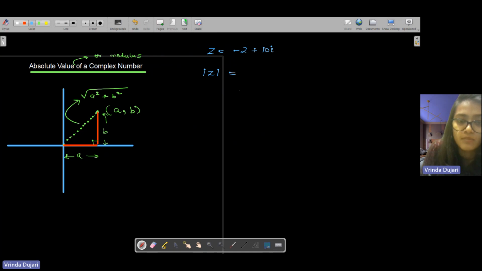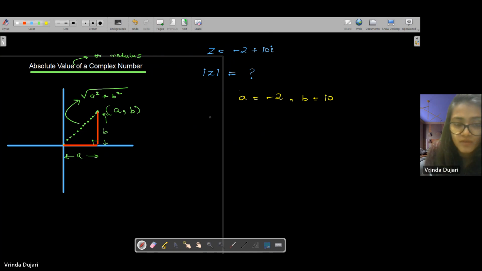So it's very simple. First of all, this is what we want to find out. First of all, identify what are the values of A and B. A here is -2 and B here is 10, right?